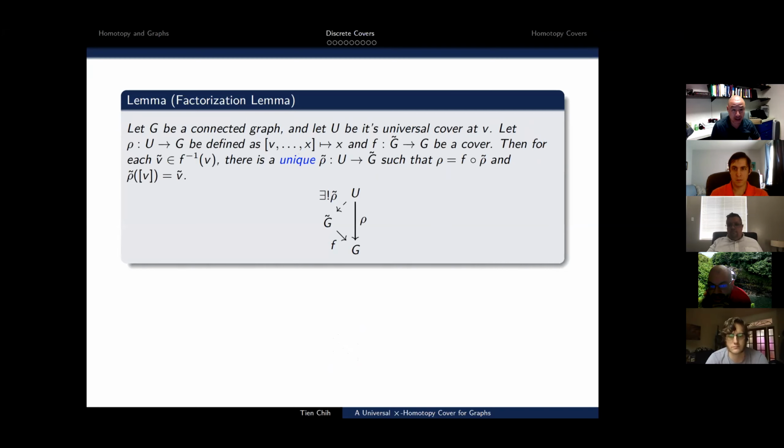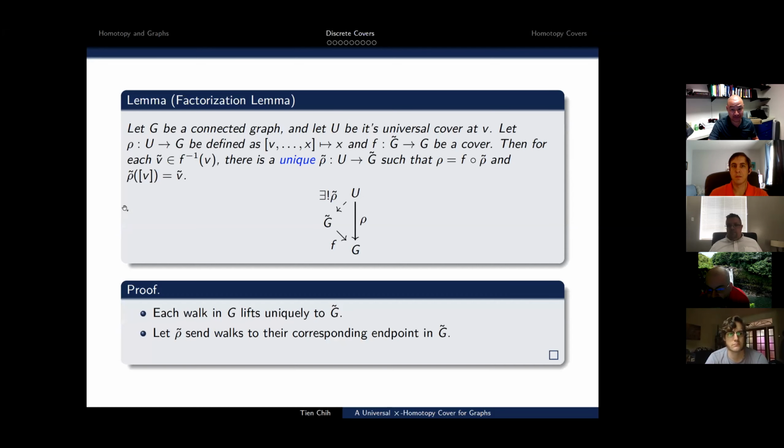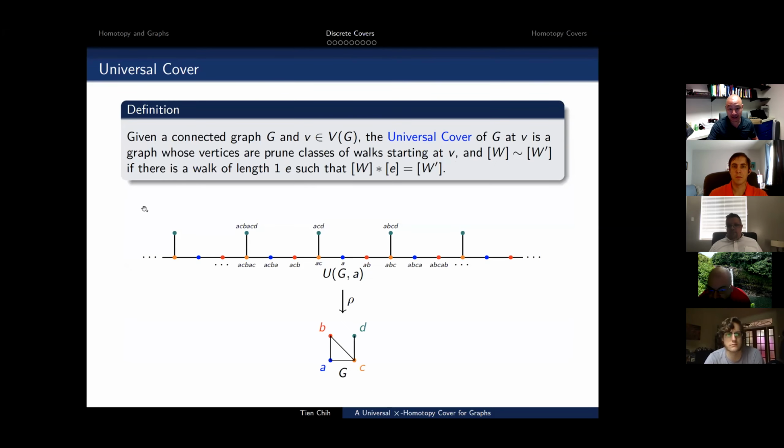And so we can factor, if you have what we're going to call rho, the map from U to G. Sorry, if I go back, we're going to take walks in U and map them to their endpoint. Each of these is a walk, and we just take them to their endpoint.